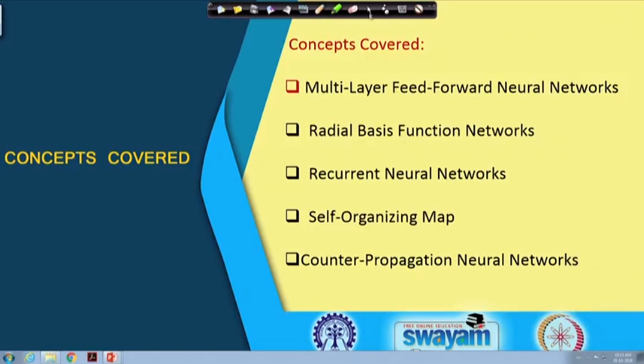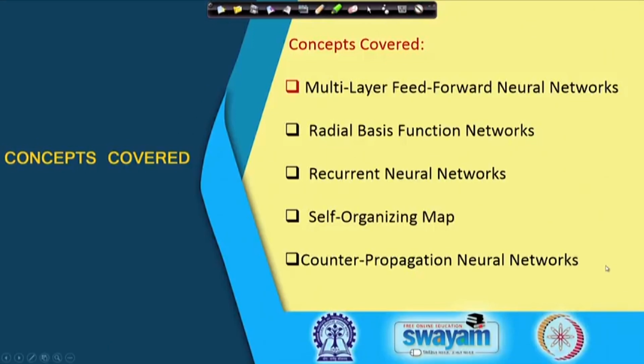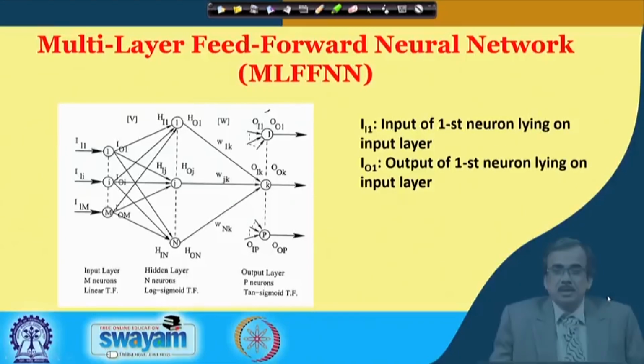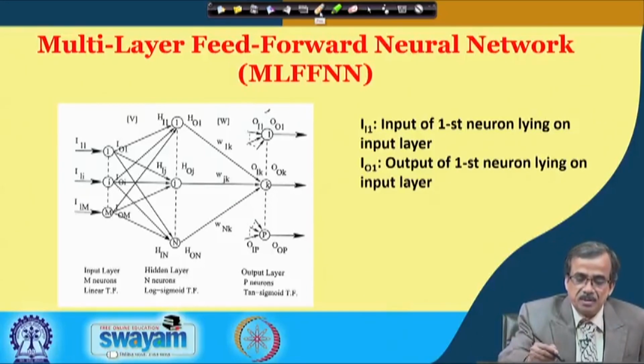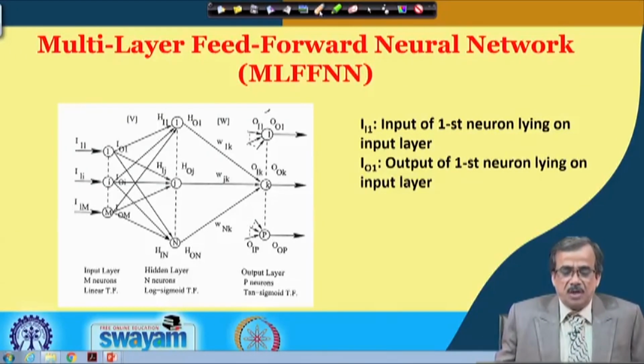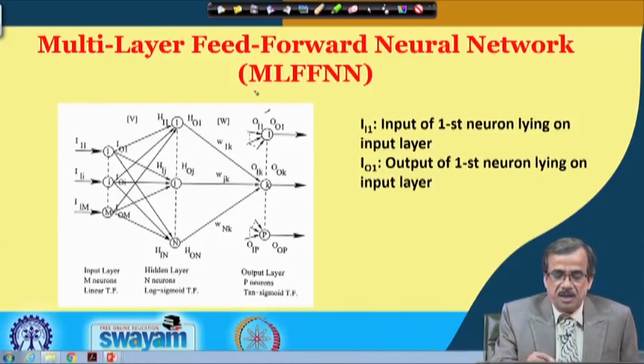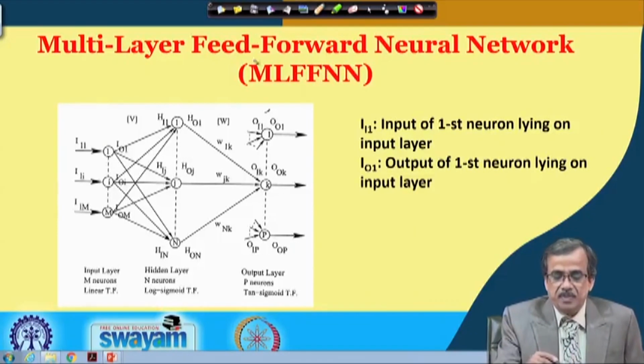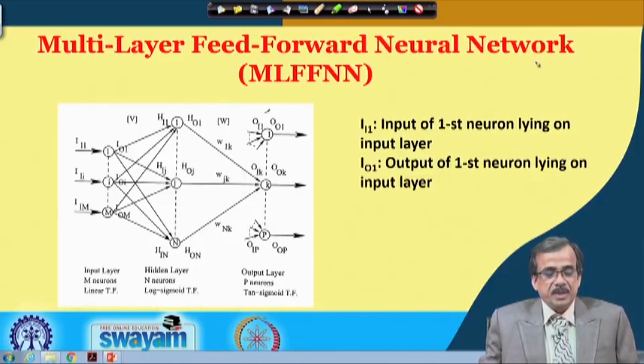Now, let me start with the first one, that is your multi-layered feed forward network, and in short this is known as MLFFNN, that is multi-layered feed forward neural network.